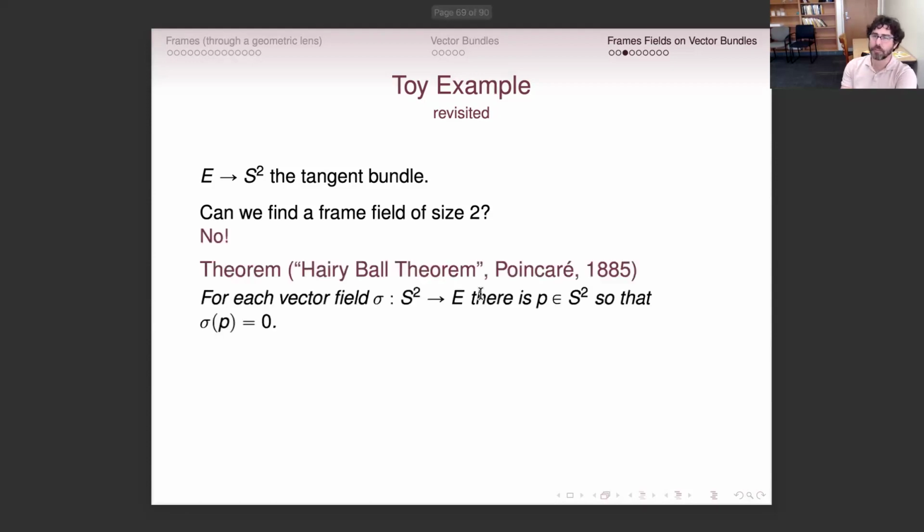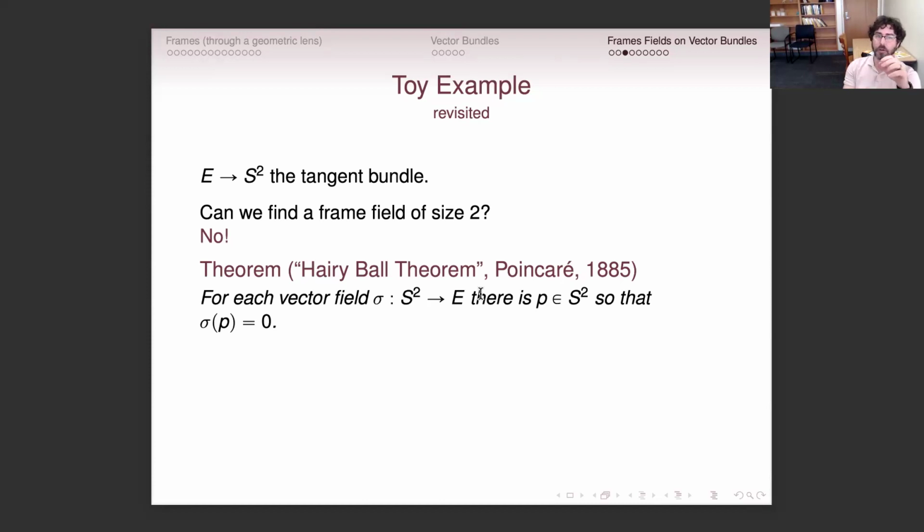Well, it turns out that the answer to this question is no. You can't find a frame of size 2. This goes back to a theorem of Poincaré in the 1880s that colloquially goes by the name of the Hairy Ball theorem. It says that if you have a vector field on a two-sphere, then you can always find some point on the two-sphere where the vector that the vector field assigns to that point is the zero vector.